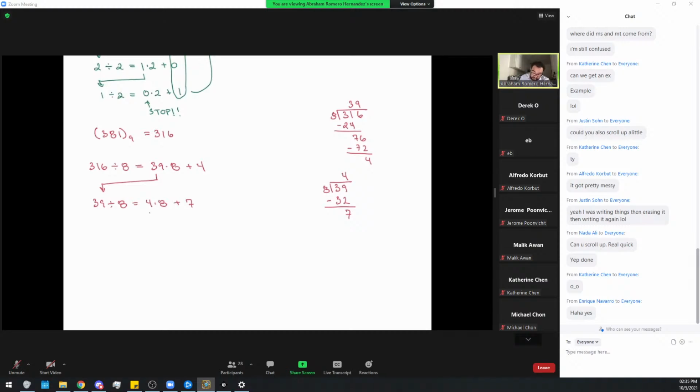Obviously, we're not done. We get 4 divided by 8. How many times does 8 go into 4? 0 times, but then we have a remainder of 4. So notice that we got 0 again, so we're going to stop. My answer is 381 base 9 is the same as 474 base 8.